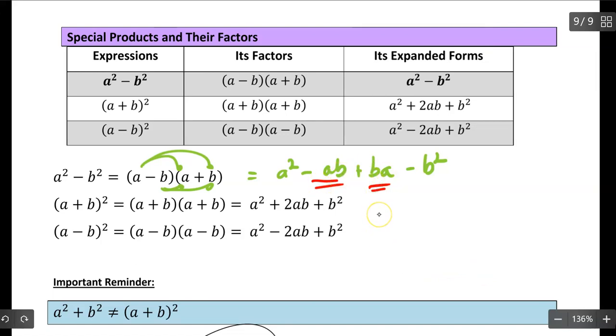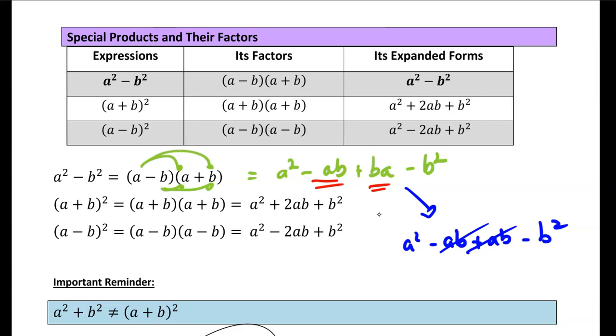So I can make a note here that minus ab plus ab, these two terms cancel. So I end up with a squared minus b squared. So that's why (a - b) and (a + b) are the factors of the difference of squares.